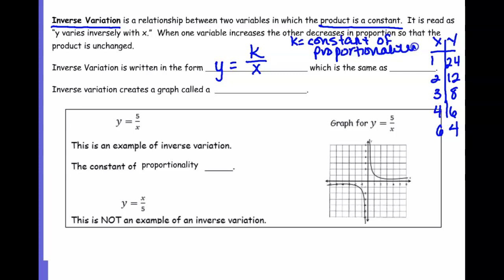Now, if this was a literal equation and we solve for k, we would multiply both sides by x, and we would get k is equal to x times y. And anytime you graph an inverse variation, you can do this on Desmos, you're going to create a graph called a hyperbola.